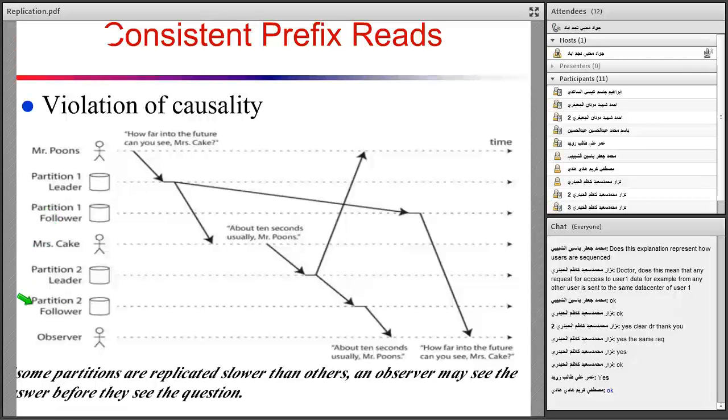So we have two leaders, for partition 1 and partition 2, and also two followers for partition 1 and partition 2. The horizontal dimension shows the time.